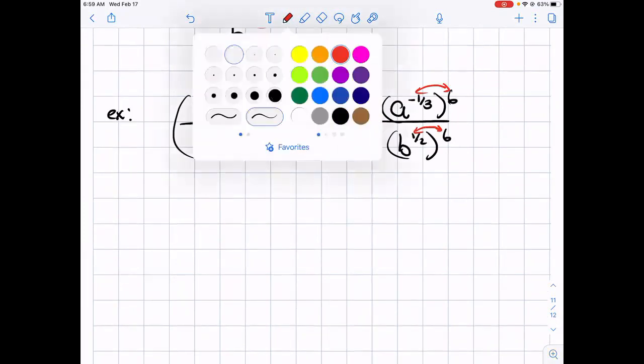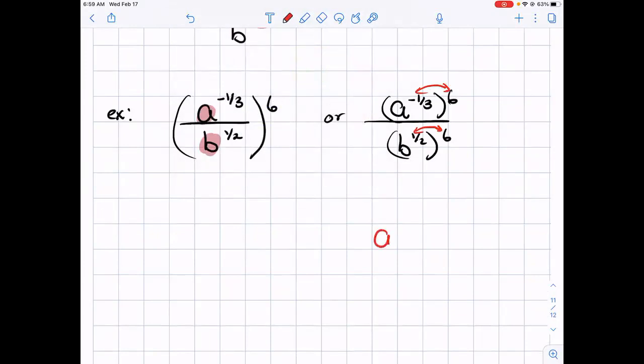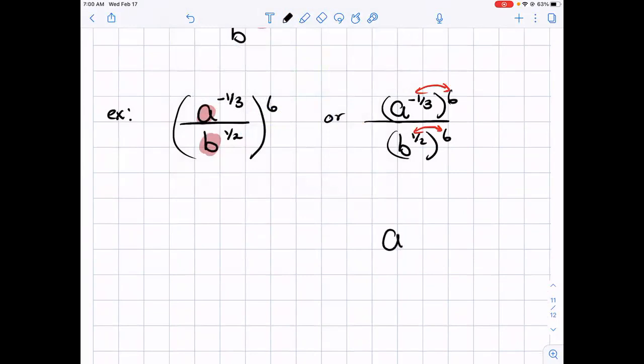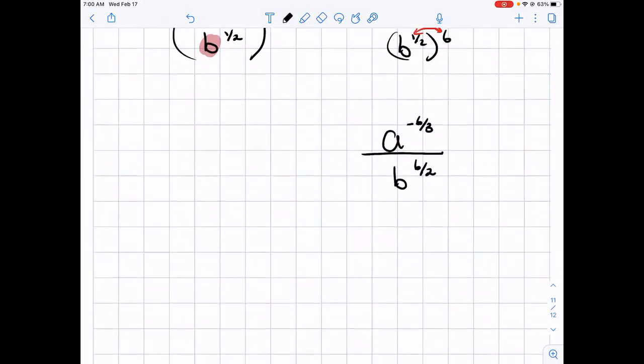So if we distribute, we get a, and if you multiply negative 1/3 times 6, you get negative 6/3 over b to the 6/2. And if we simplify this, we get a to the negative 2 over b to the 3rd.